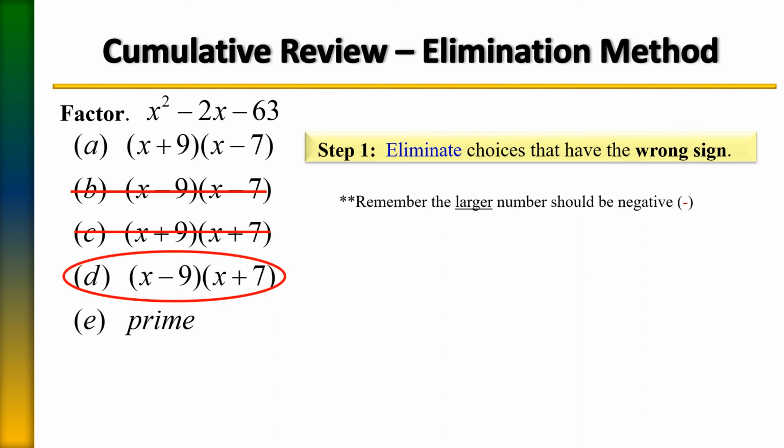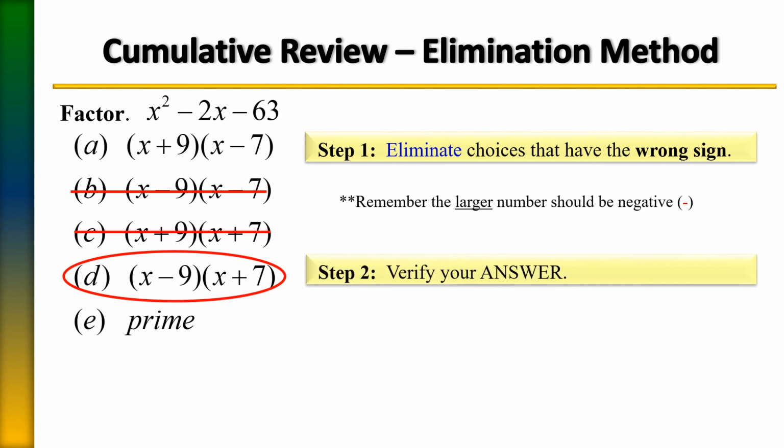Now, if we're not sure, you can always verify your answer. Recall I told you there are two criteria that it must meet if you have the correct pair. You are looking for a pair of numbers that when you multiply the two, they will equal your last term of negative 63.